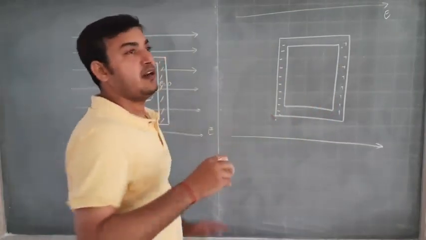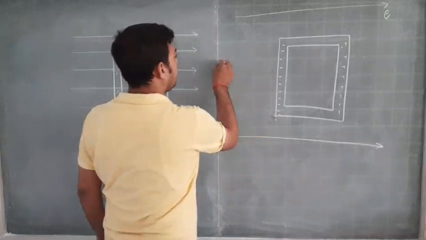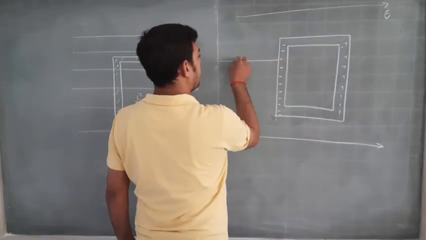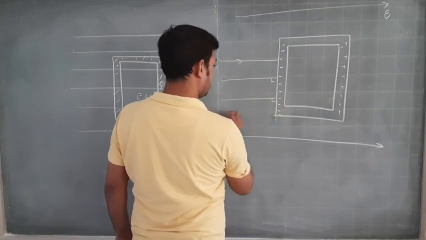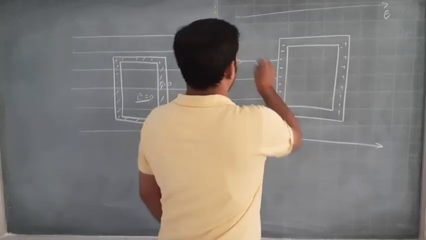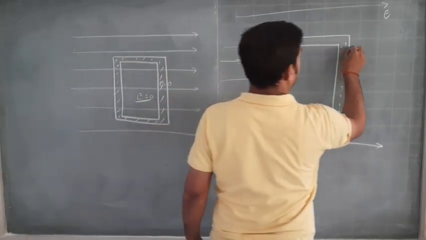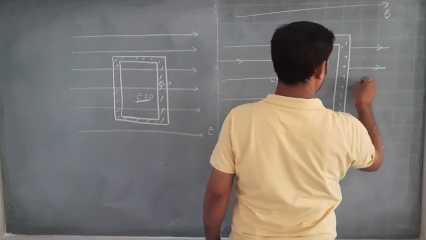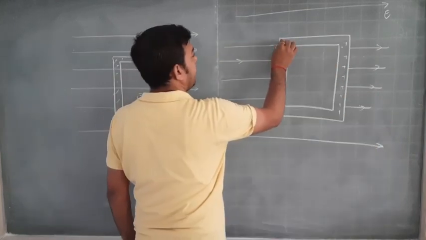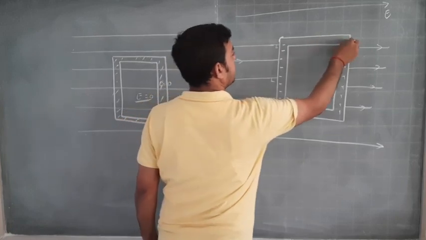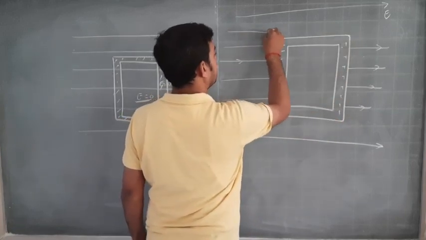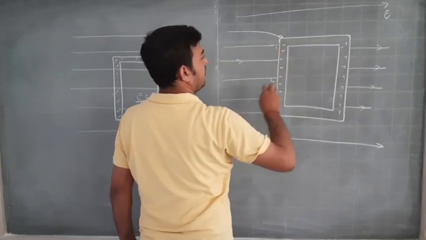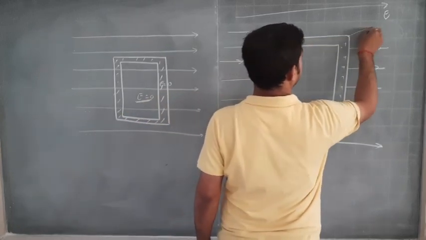So my electric lines of force will modify and they will terminate here. At the edges it is not a corner type, it is something like this, as we know that field lines always terminate normal to the conducting surface.